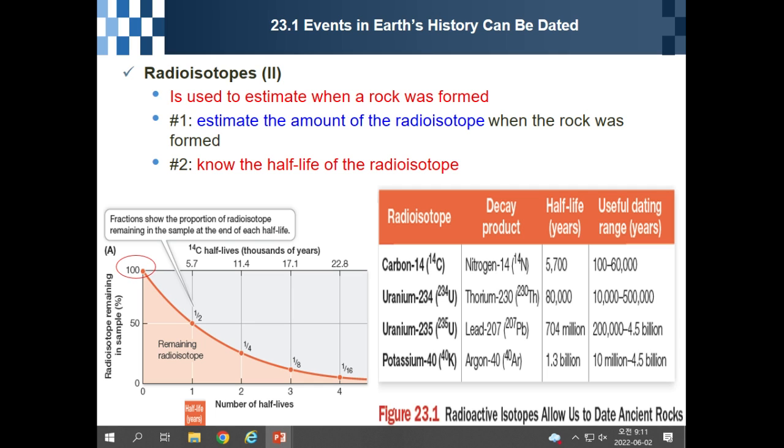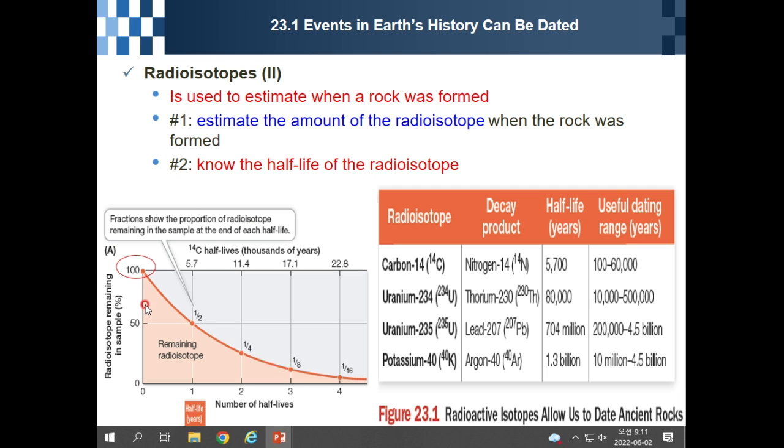For example, the half-life of carbon-14 is 5,700 years. It means that 5,700 years passed. You have to calculate it.